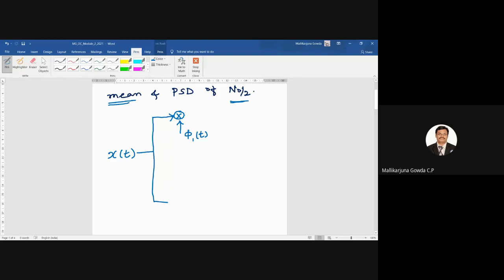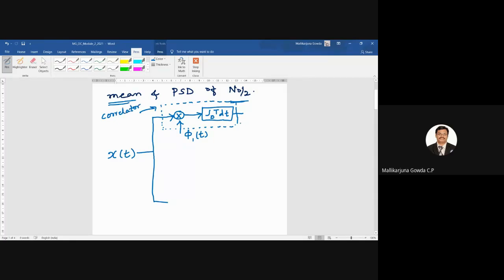The output of the multiplier is given to the integrator, integrated over the interval 0 to T, dt. Together we call this a correlator.